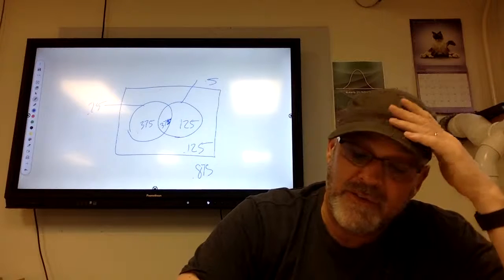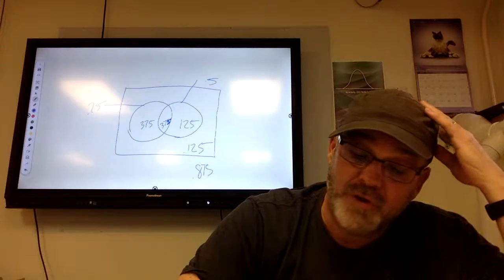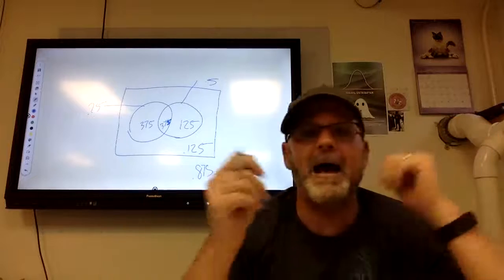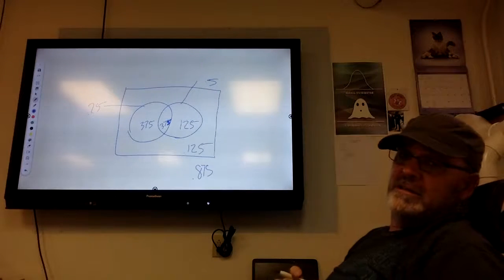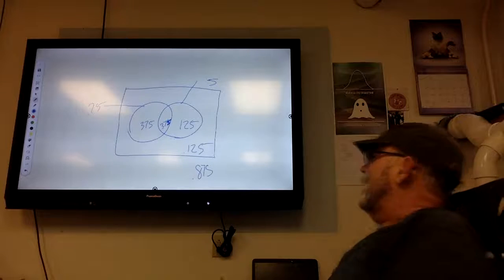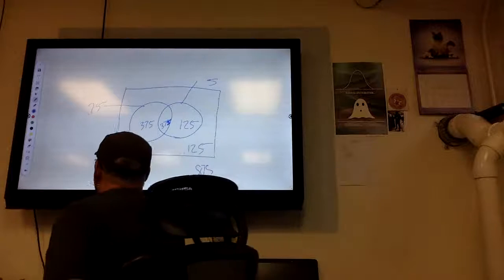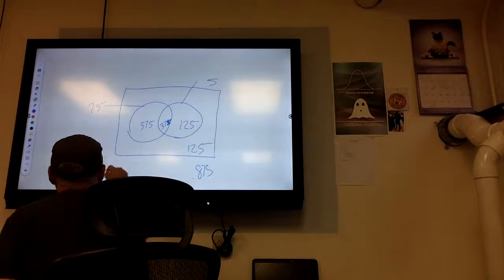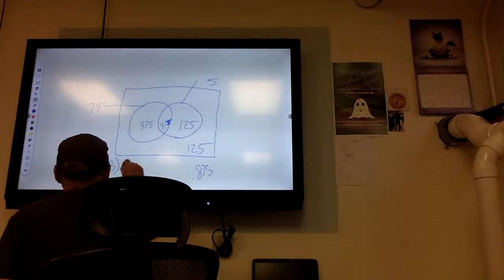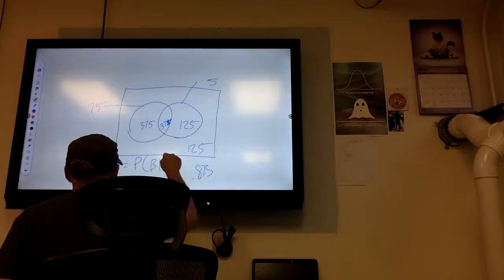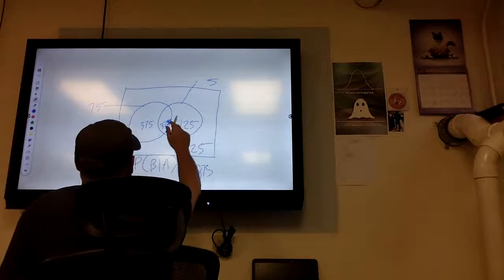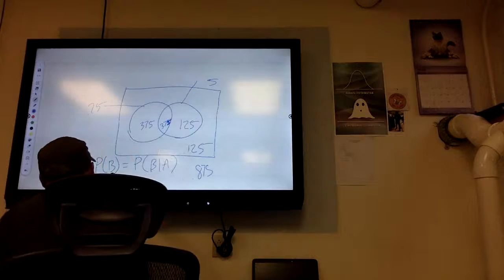Now, C says events A and B are not mutually exclusive. We like now the test of independence. Now, this was kind of a weird formula that said this. The probability of B is equal to the probability of B given A. So the probability of B was 0.5.